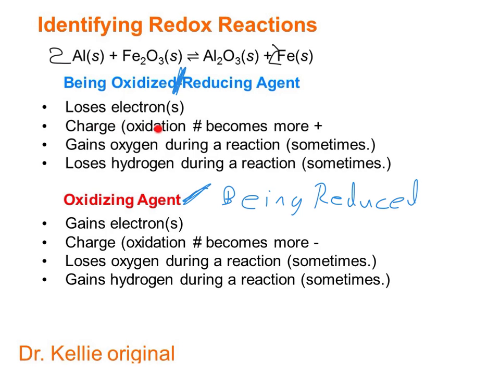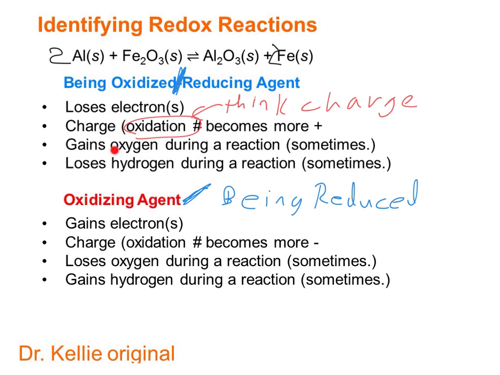Its oxidation number is going to become more positive. What do I mean by oxidation number? Oxidation number is a fancy way of saying charge. We'll go into it in more detail here in a second, but for the moment, think charge. Its charge is going to become more positive.